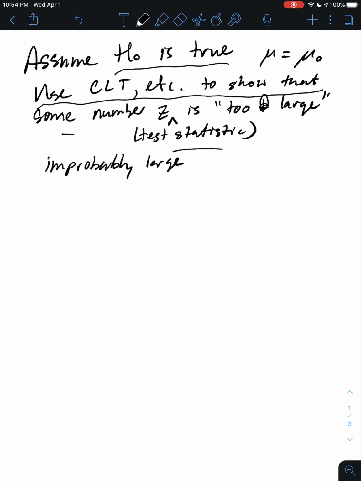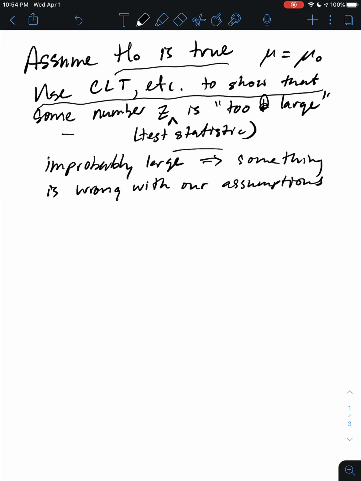And from there, we're going to conclude that something is wrong with our assumptions. And the only assumption that we've really made is that H sub 0 is true.